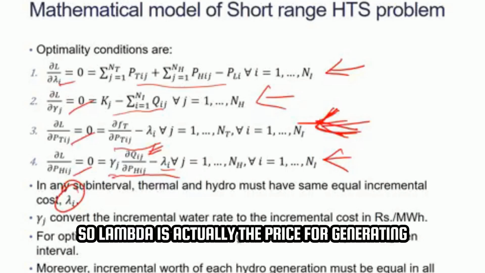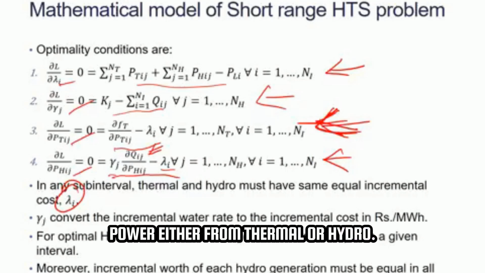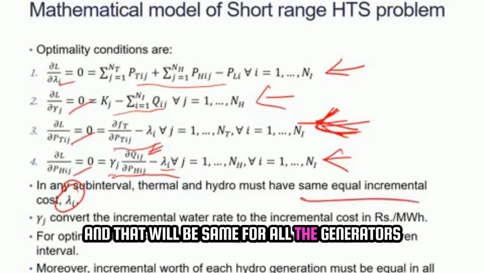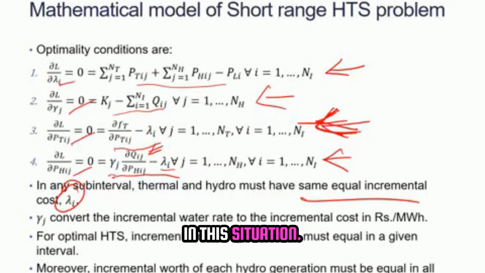So lambda is actually the price for generating power either from thermal or hydro, and that will be the same for all the generators in this situation.